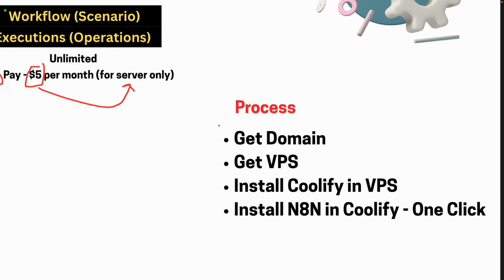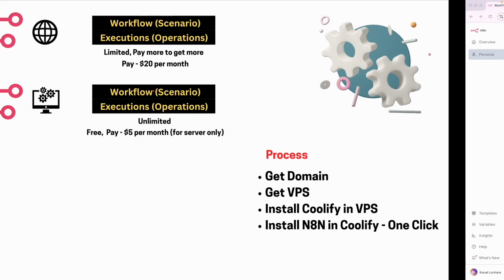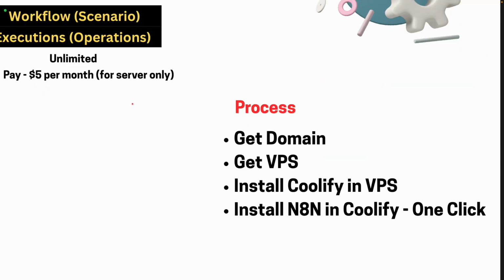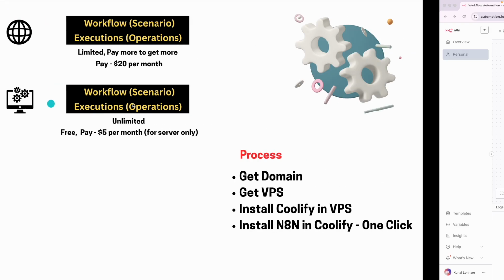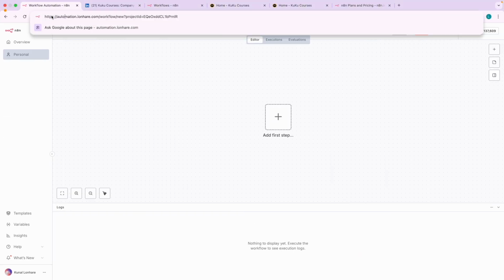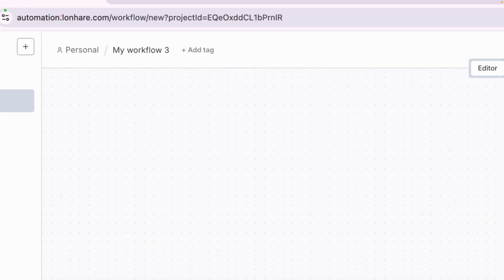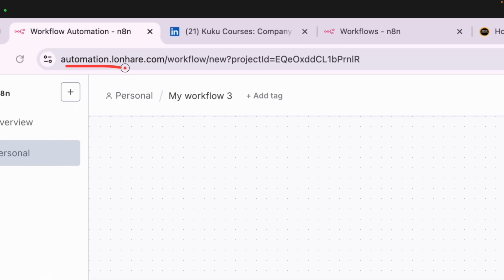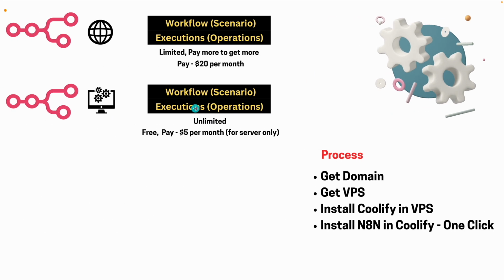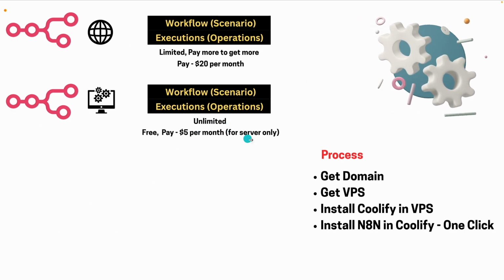Of course, we are using it on our own server. You can see here that it is installed on our own server on our own domain, which is safe. No one can access your data, which is another benefit.